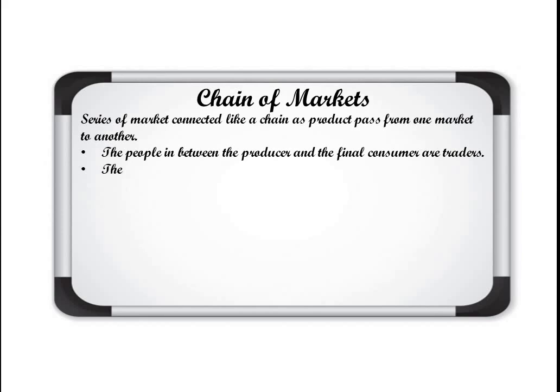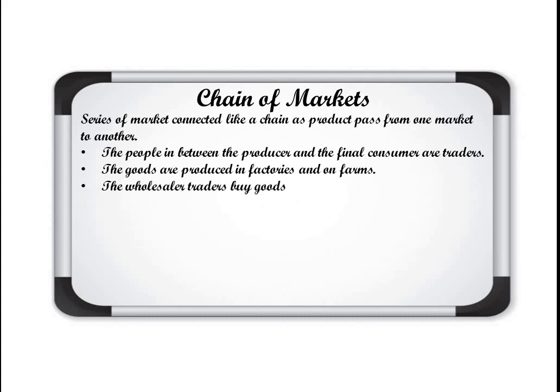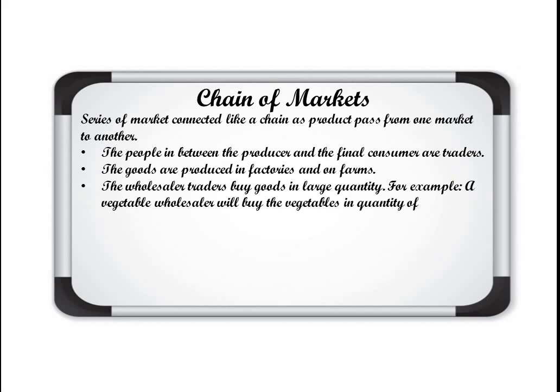Now see, the goods are produced in factories and on farms. Clear? The first place is where it is produced, then the wholesale traders buy goods in large quantity. For example, a vegetable wholesaler will buy vegetables in quantities of 25 to 100 kilos. Obviously, a trader would not get just 1 or 2 kg.